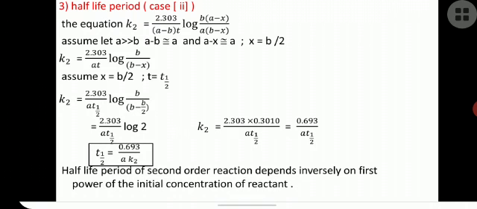The multiplication of 2.303 into 0.3010 is 0.693, and a t half remains in the denominator. Therefore, k2 is equal to 0.693 upon a t half. Therefore, t half is equal to 0.693 upon a into k2. This equation indicates that the half-life period of a second order reaction is inversely proportional to the initial concentration of the reactant.